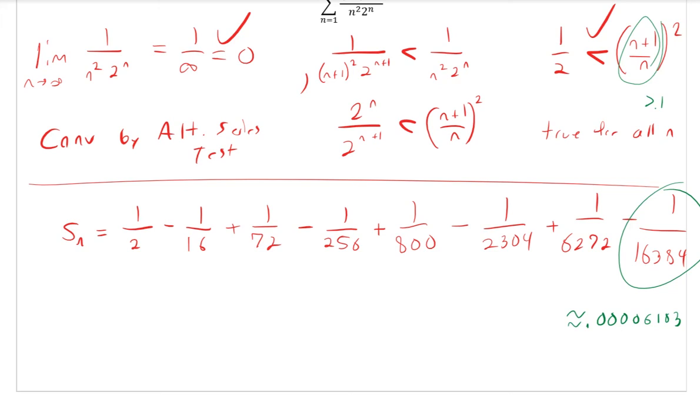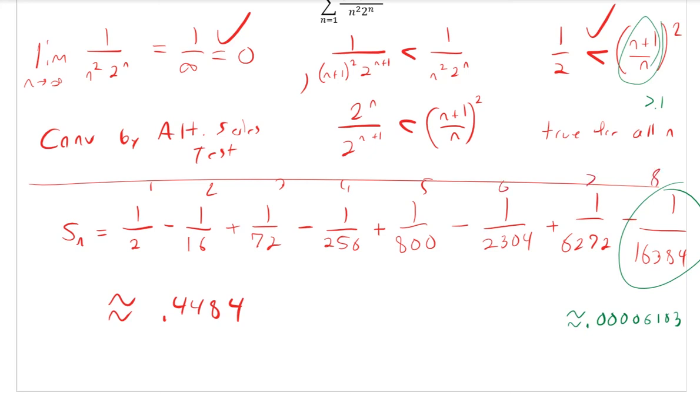So if we put all these values together, with the 1 over 16,384 included, you get approximately 0.4484 if you round up because it's 39. And this is 1, 2, 3, 4, 5, 6, 7, 8 terms.